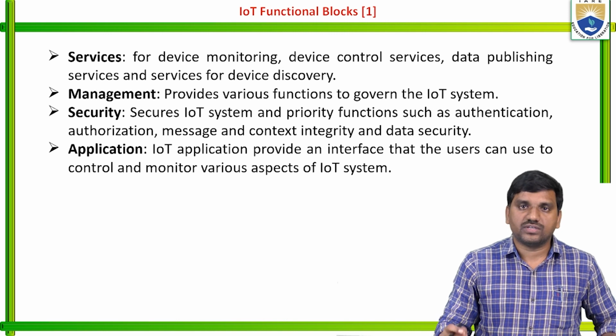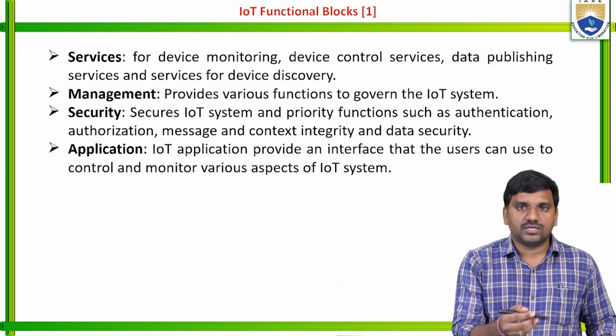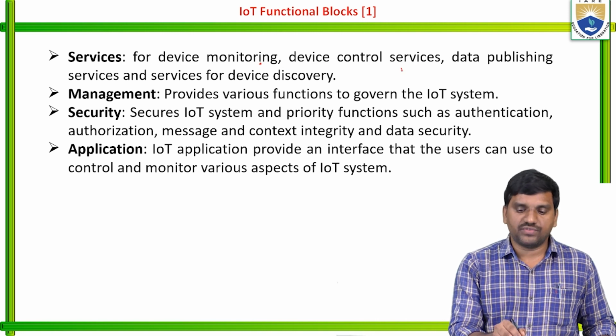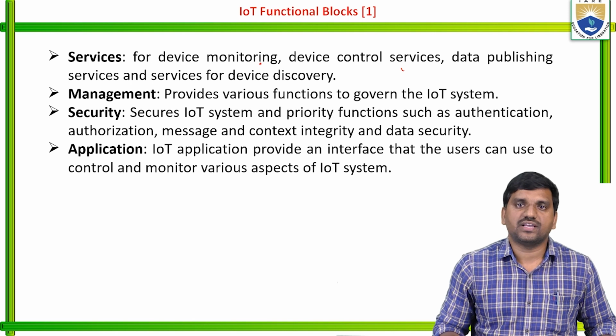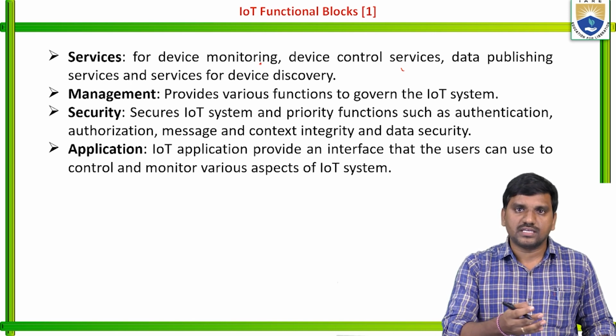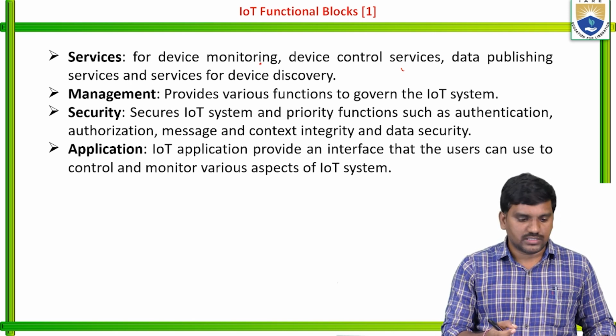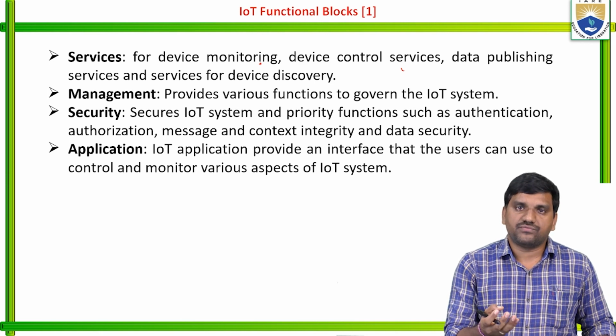As I already told, the services include device monitoring, device control services, data publishing services, and services for device discovery. These are the services it can provide for us. Next, management: which type of things can it manage?